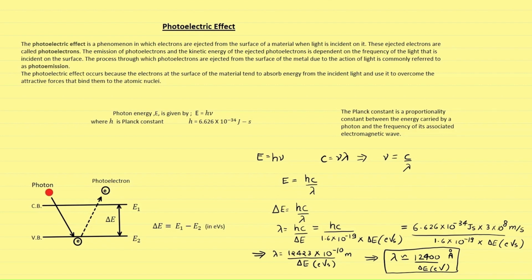Through this formula, you can find wavelength in angstrom if energy difference is provided in electron volt.